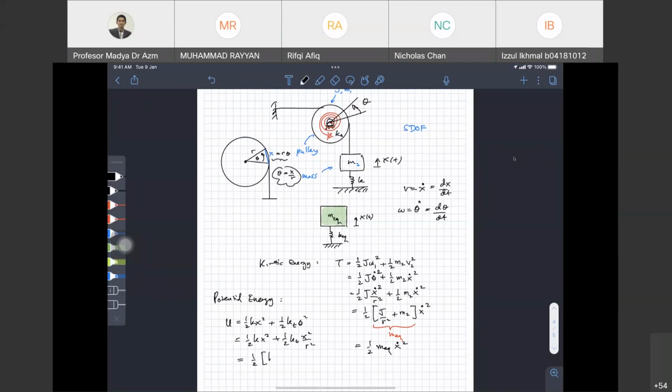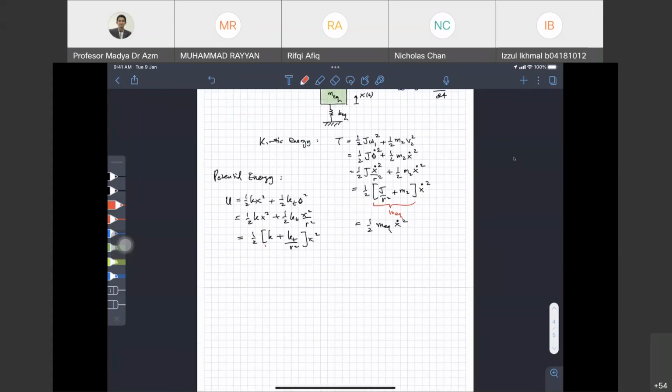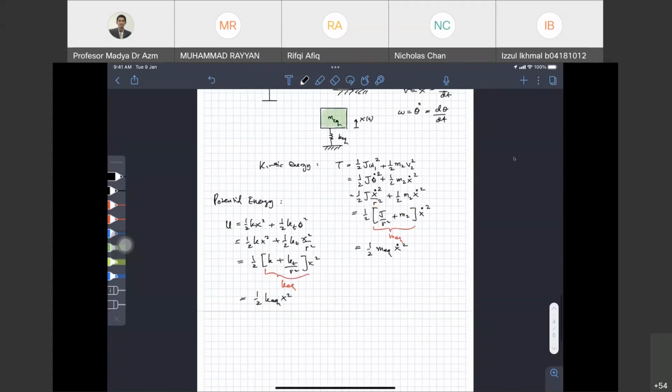So then you have a half of K plus KT over R square, times x square. So now you have K equivalent.